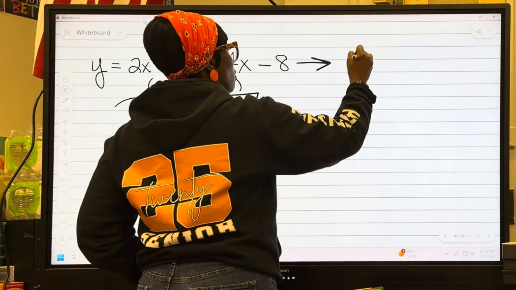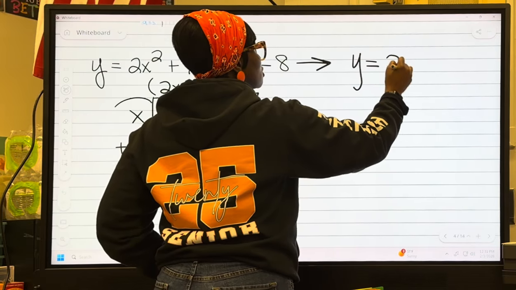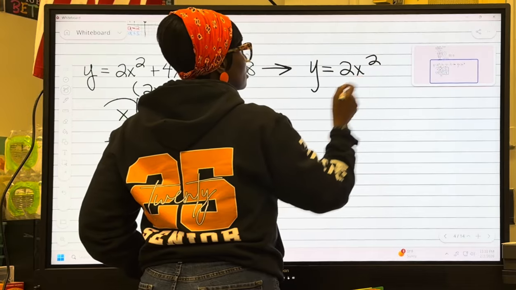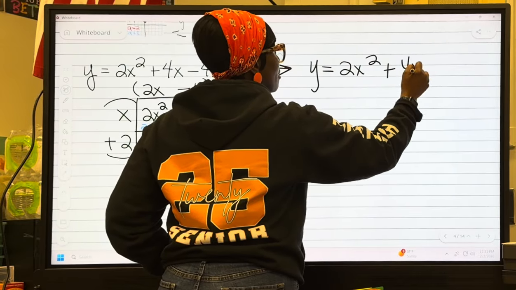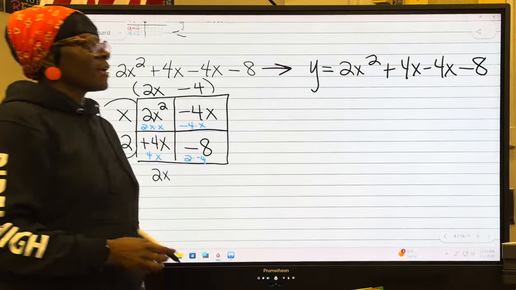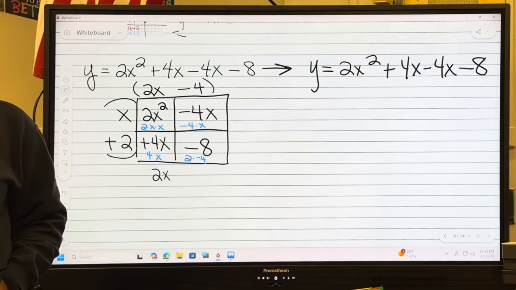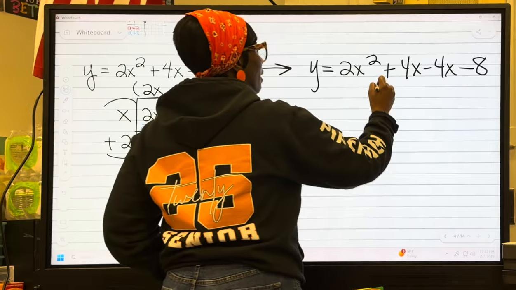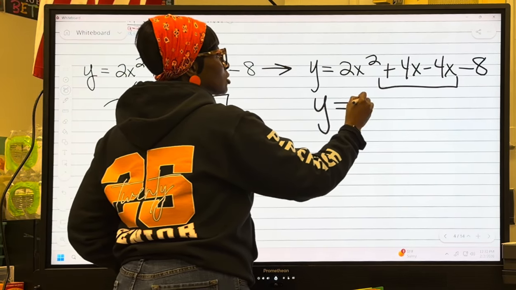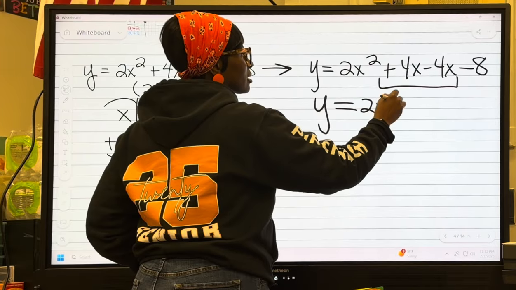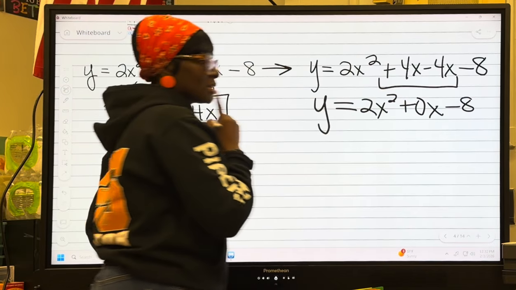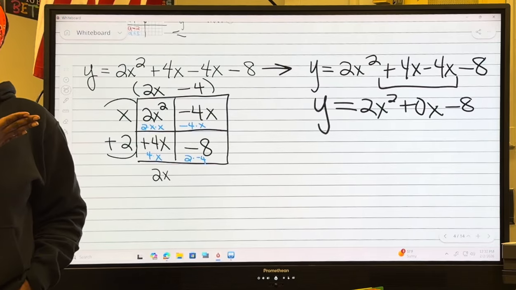Our problem was y equals 2x squared plus 4x minus 4x minus 8. You said we could simplify this, right? We could simplify these by putting these two together, right? And we would end up with y equals 2x squared plus 0x minus 8. Y'all with me? Yes? That's standard form.